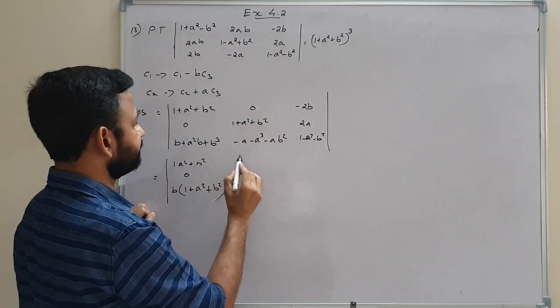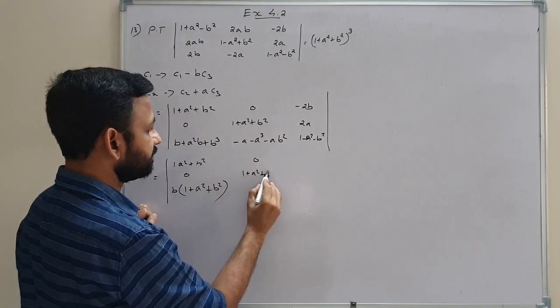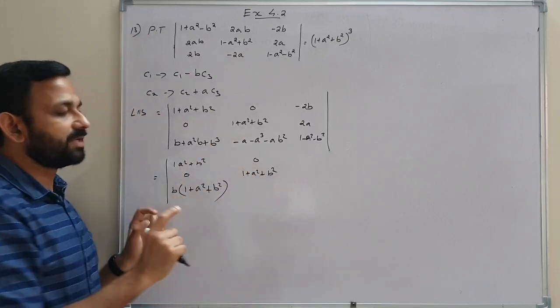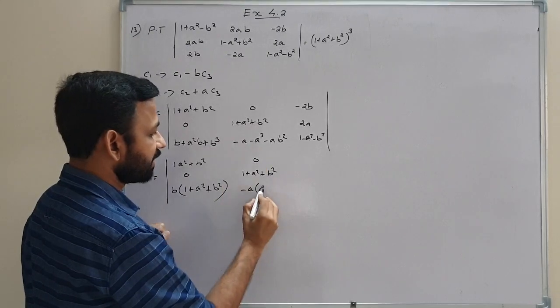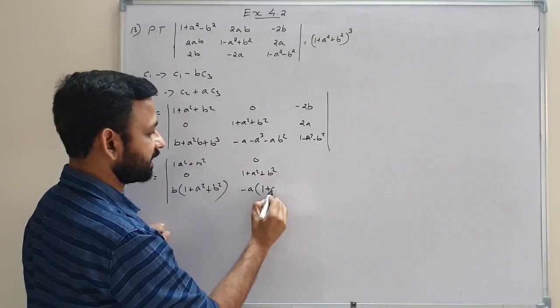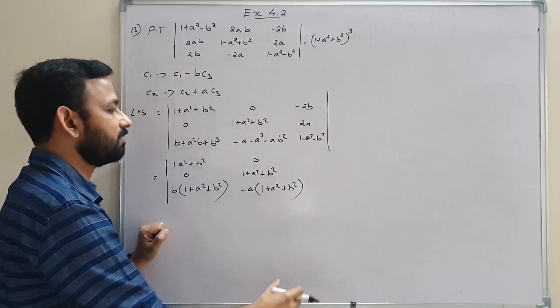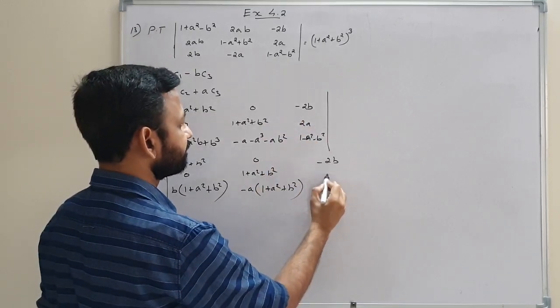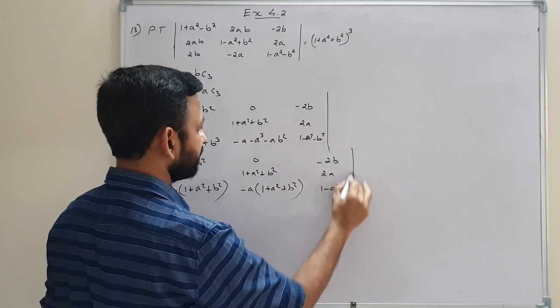Then here 0, 1 plus a square plus b square, and here we have to take minus a outside. So when we take minus a outside, 1 minus a outside plus a square minus a outside plus b square, and the third column remains the same, minus 2b, 2a, 1 minus a square minus b square.